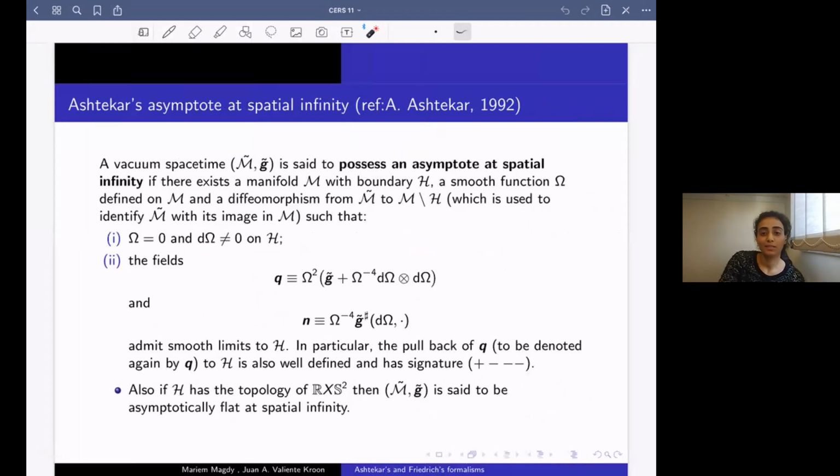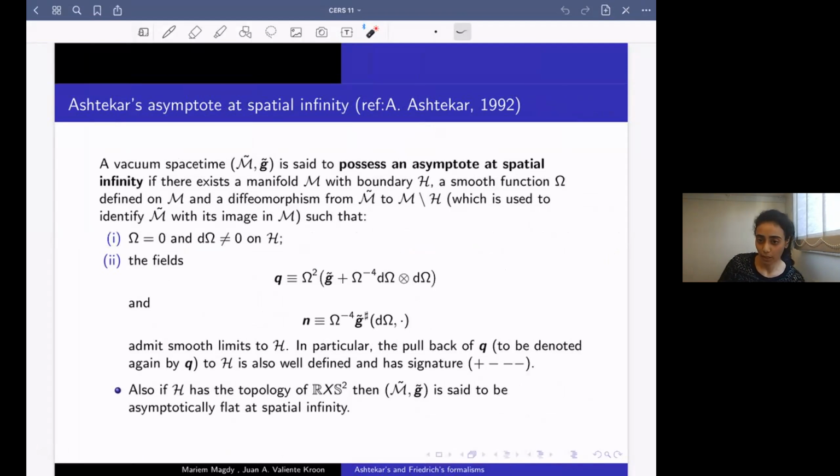In the second part of our project, we specifically considered spacetimes that satisfy the Ashtekar definition, so it is necessary to mention the definition here. Ashtekar gives this definition of the asymptote H, or the asymptote at infinity, which is a boundary H for the manifold M. We also define a smooth function omega on M, which satisfies some conditions.